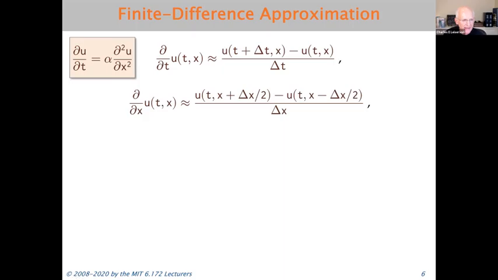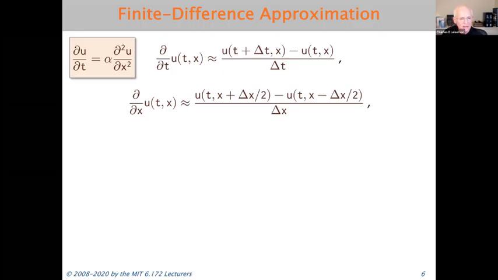So to compute the first derivative, we use a similar method, but this time we're going to approximate it using the points u of t comma x plus delta x over 2 and u of t comma x minus delta x over 2.